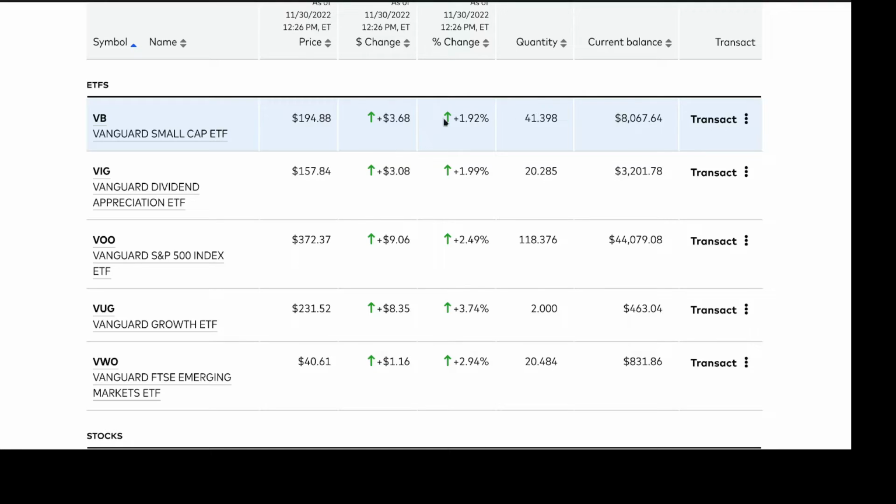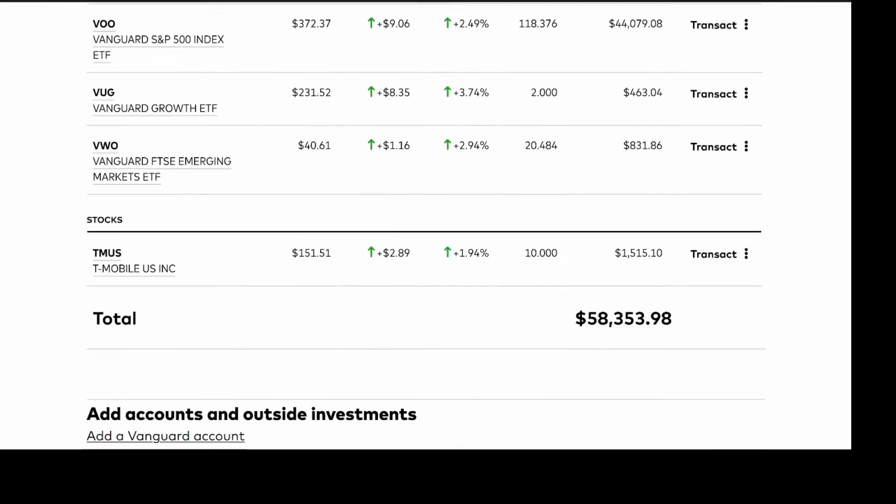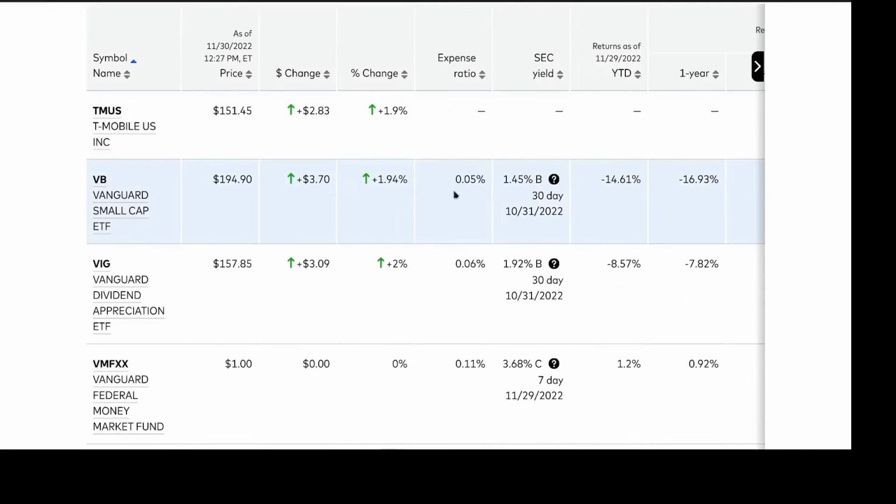So this small cap may have gone up 1.92 today, but my holding could be up hundreds of dollars today, and it's not showing that. Each one of these is the same way. And even when you look at the total, there's nothing there. It just shows you the total value.